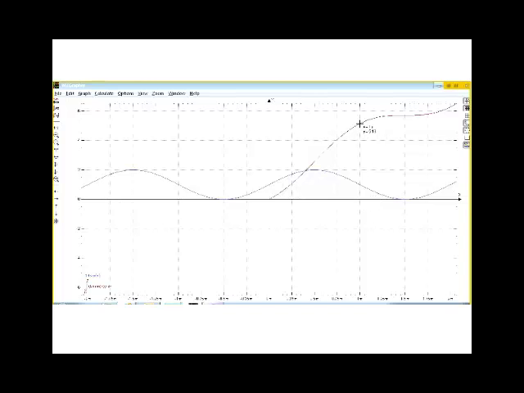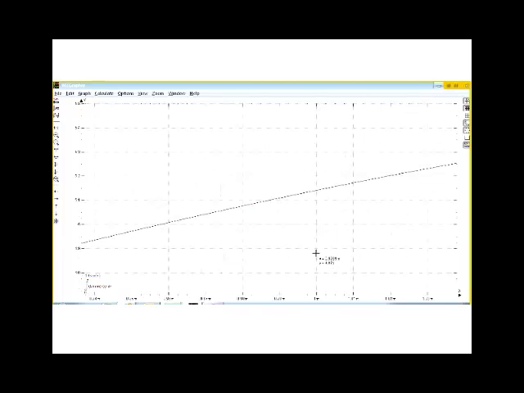To find the definite integral, you put your cursor right there on the red, and you can see it says x equals 1 pi, y is equal to 5.13, which is exactly what we said it was. That's 2 plus pi, pi being 3.14. If I wanted a better number, I could zoom in and put my cursor as close to the line as possible.